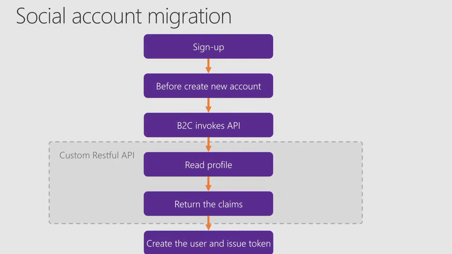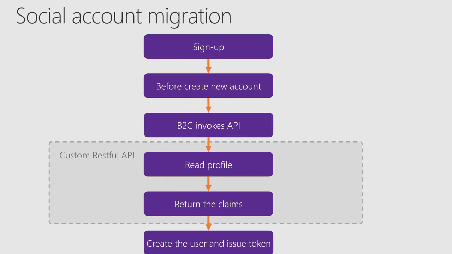On sign up or sign in, when the user first signs in or signs up with a social account, before creating the new account in Azure B2C, B2C invokes a REST API, reads the profile, returns the claims back to B2C, and creates the user and issues an access token. Because in a social identity provider we don't have the user credentials, it's much simpler. So we don't need to pre-migrate the user.